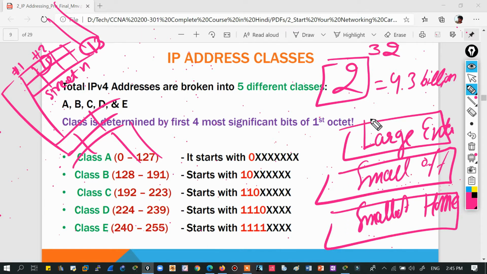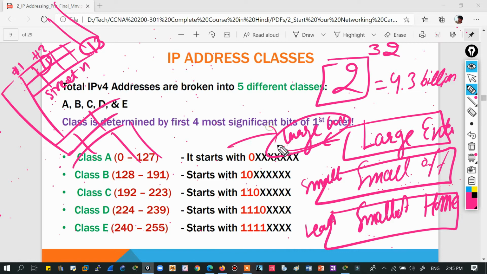Larger enterprise have a large user base, small means you will have a smaller number of users, and smallest means you have the least number of users. So it is obvious that the more users there are, the more IP addresses they will need. And if you have the least number of users, 5 or 10, then you need the least number of IP addresses, right?